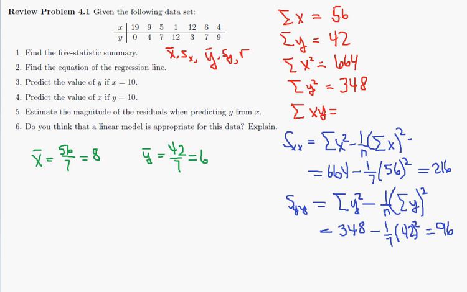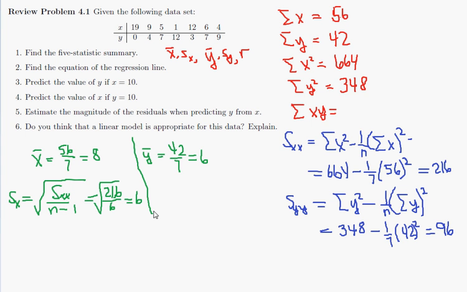Now from this information we can now get the standard deviations. The standard deviation of x, and this is a formula that we saw way back near the start of the course, is equal to the square root of s sub xx divided by n minus 1. And so that's equal to the square root of 216 over 6, which works out to be exactly 6.